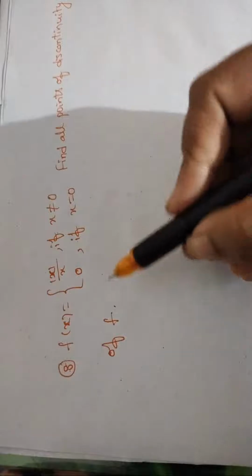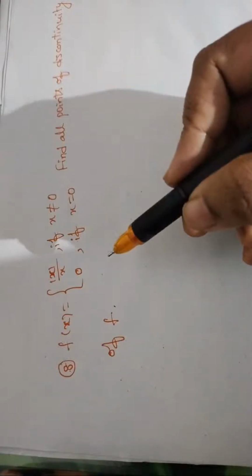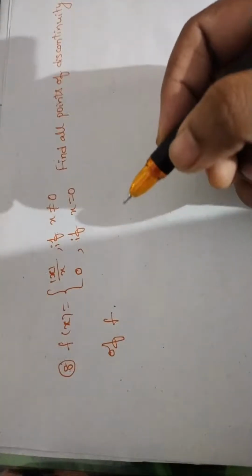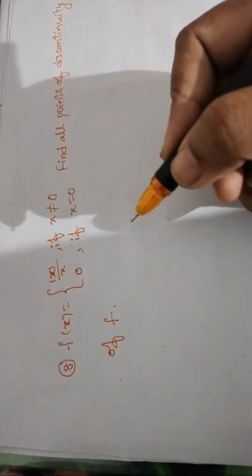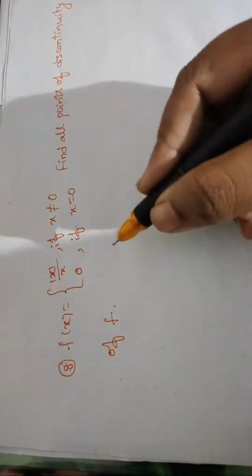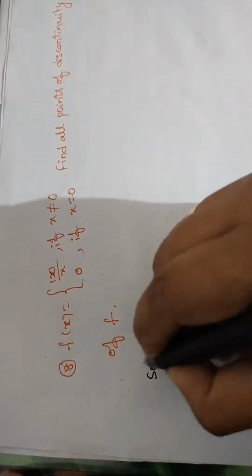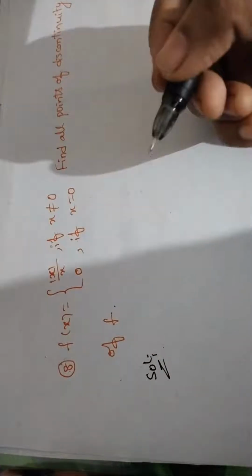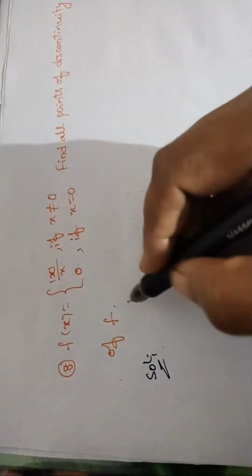So for this function we find the discontinuity points. Before going to find the discontinuity, we first check the continuity of this function.